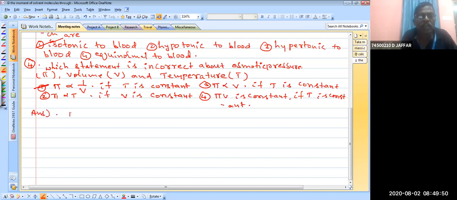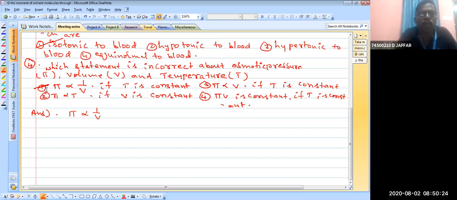Pi is inversely proportional to V if T is constant. This one is a wrong answer, right? Pi is inversely proportional to V. That is correct, but T need not be kept constant. That is question number 4. Then you go for question number 5.